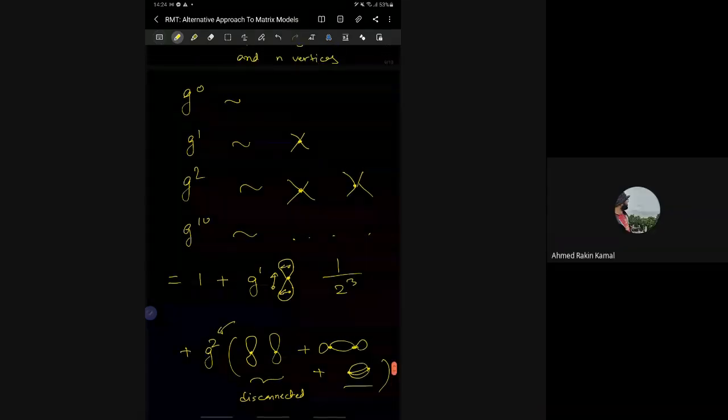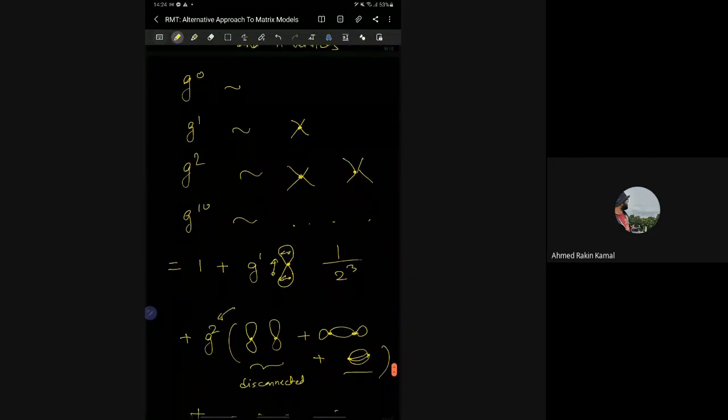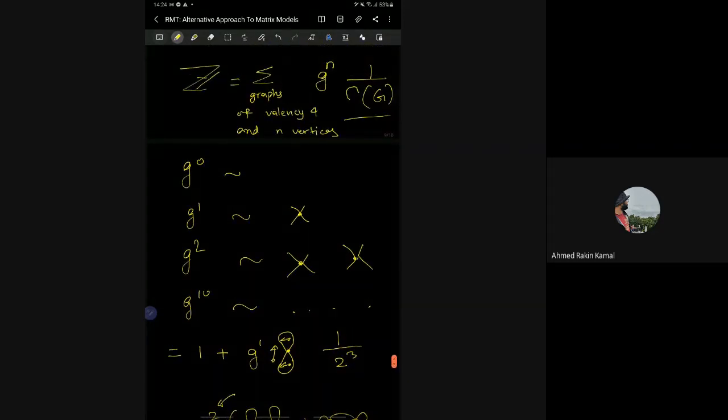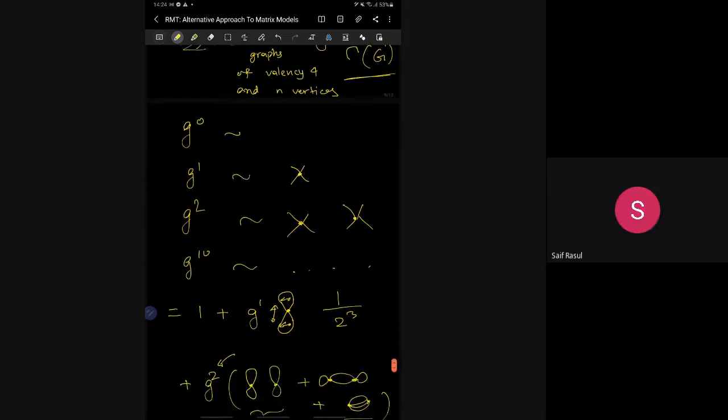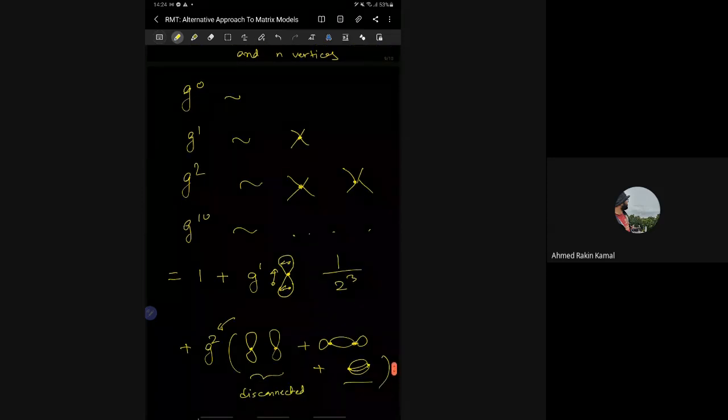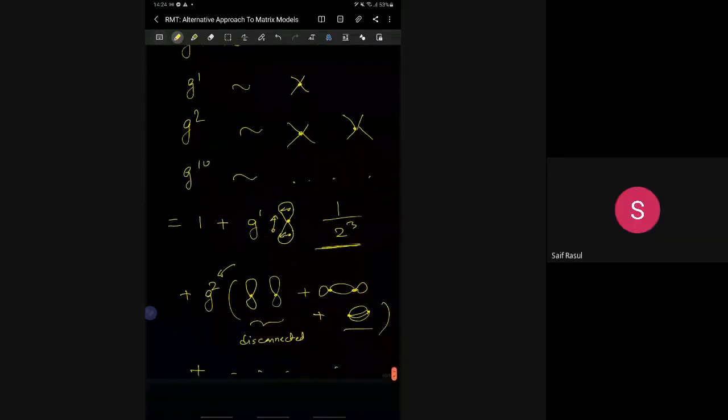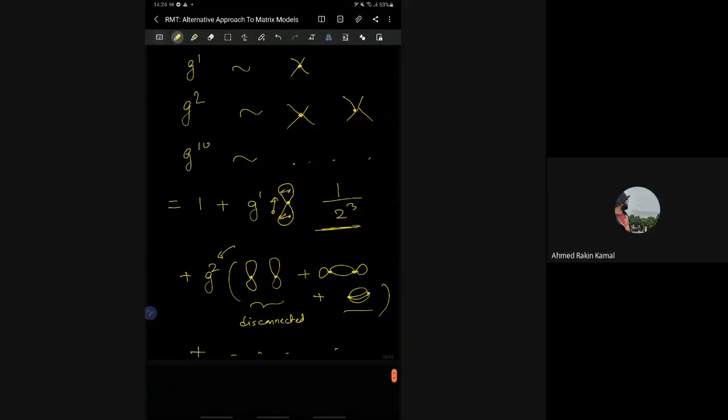And what will my numbers give me? For example, what will this give me? This is the symmetry factor, the automorphism factor. You understood how we get the symmetry factor of 1 over 2 cubed, right? Okay, good. Does G give you a number, or what does it result in?